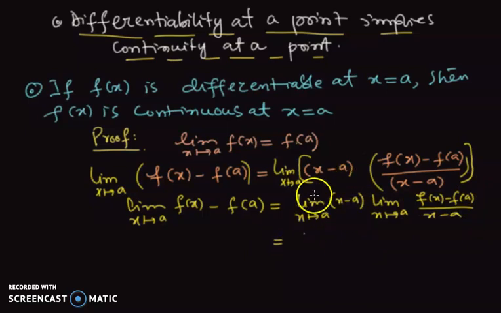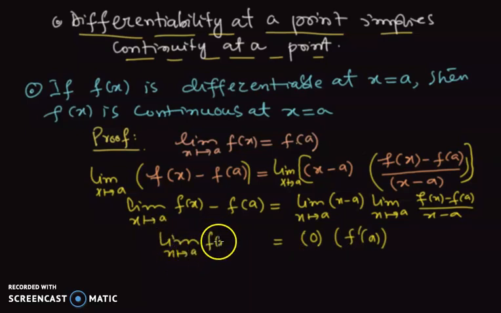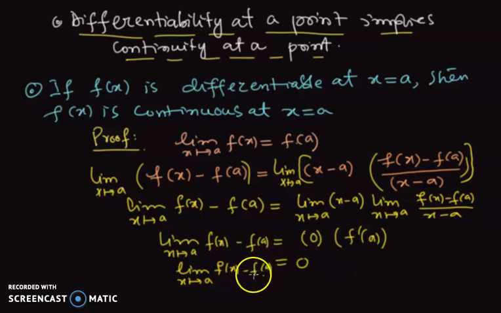So you can see this is 0 and this is nothing but the derivative of f at a by definition. So this is going to be equal to limit x goes to a of f of x minus f of a, which gives me 0 on the right side, and limit f of x when x goes to a minus f of a equals 0.